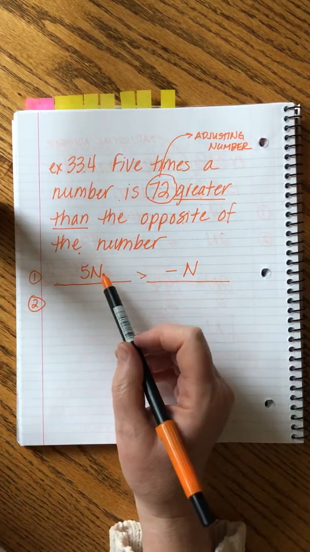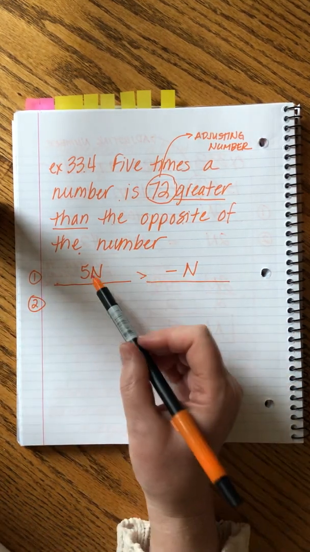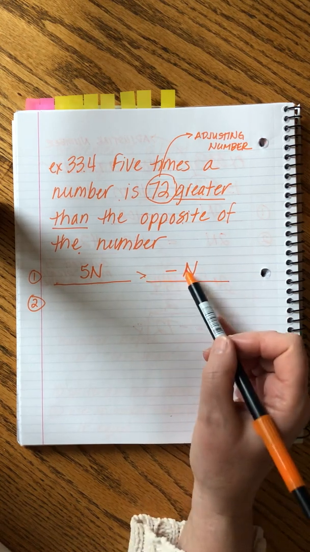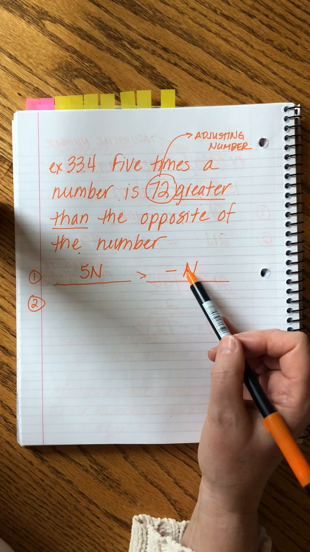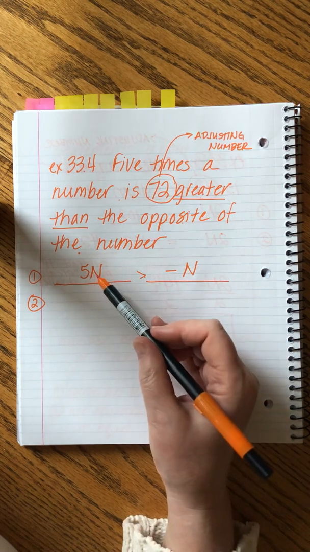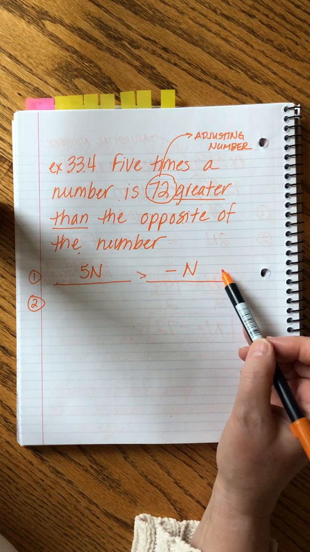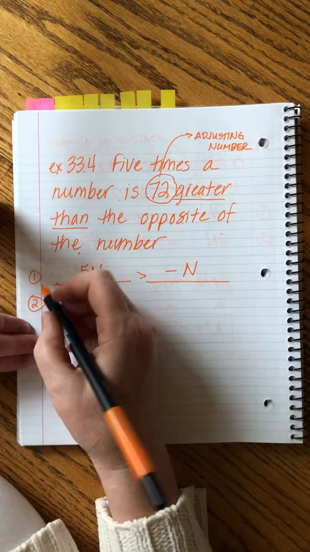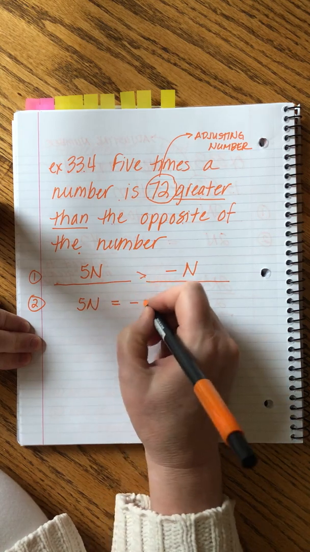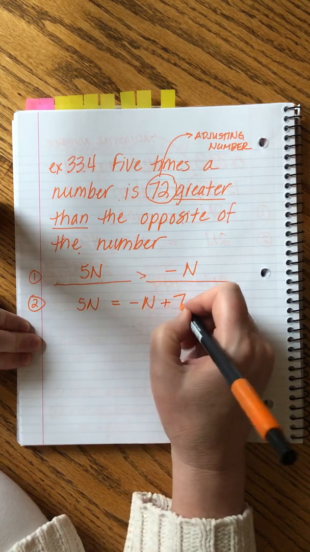Before I start writing, I think, using just logic, okay, 5n is greater than minus n. We always adjust the second half of the inequality, the future equation. If this one is larger, then this one is smaller. That means I need to add the adjusting number. Equals minus n plus 72.